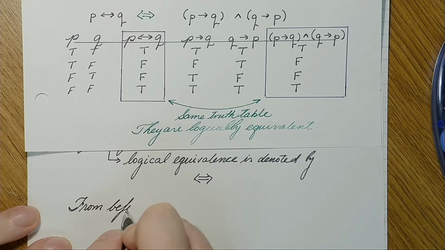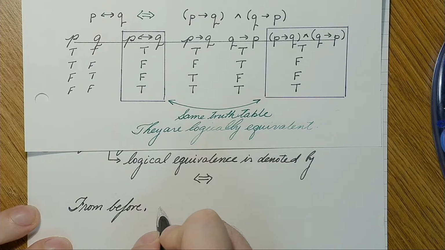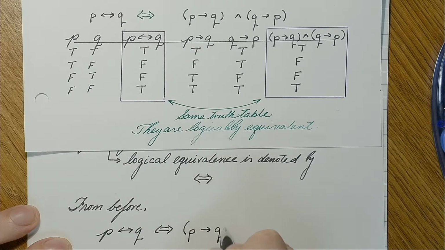So from before, P if and only if Q is logically equivalent to P implies Q and Q implies P.